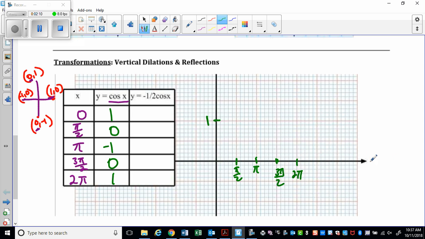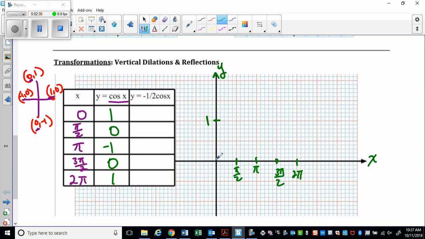I don't know if I could have spread it out more, probably not. All right, this is my x-axis. Make sure you're always labeling your axes. This is my y-axis. And then I'm going to show you what this is going to look like.